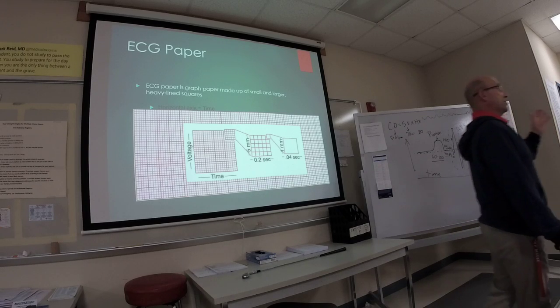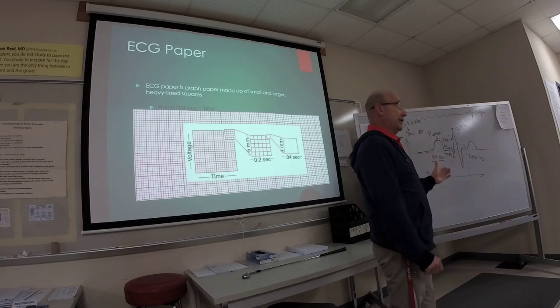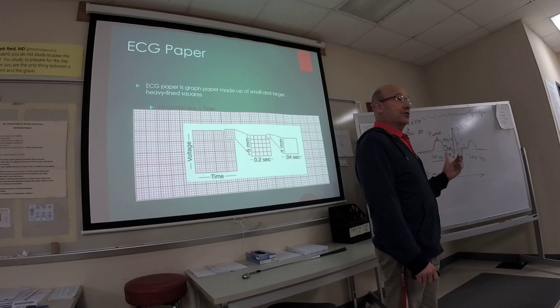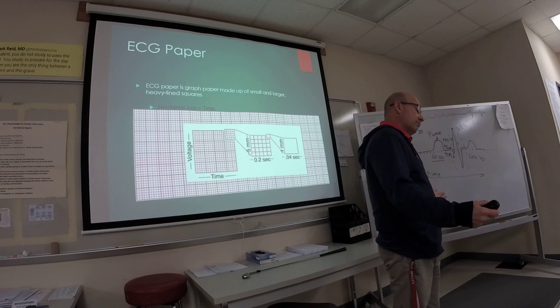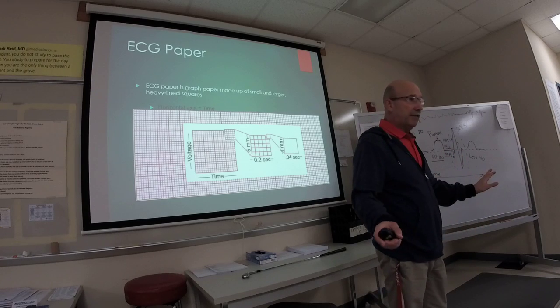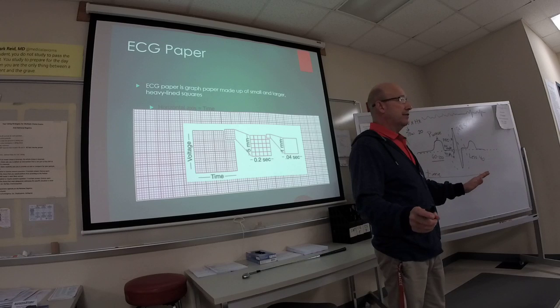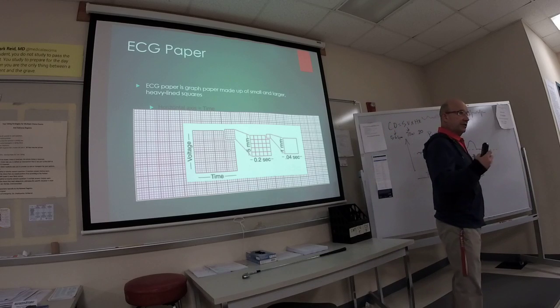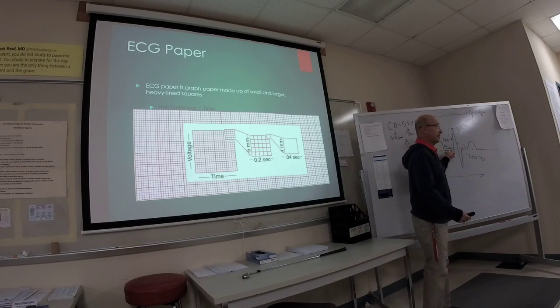This is important because when we get there another day, towards the last part, we're going to talk about first degree heart blocks. First degree heart blocks are not really that big of a deal, as long as they're asymptomatic, and most of them are. A first degree heart block is a delay in the conduction through the node.